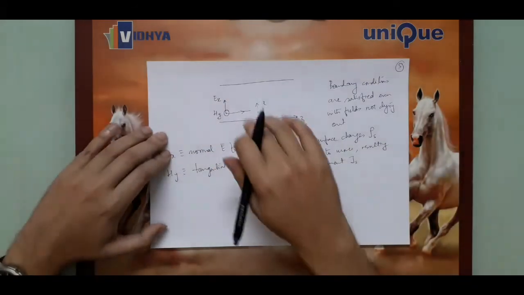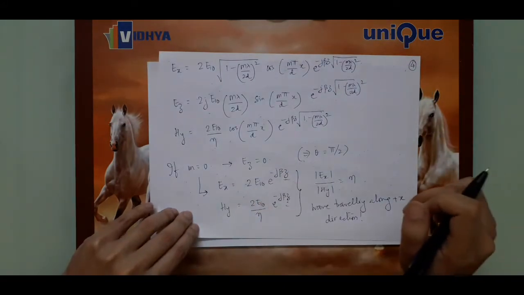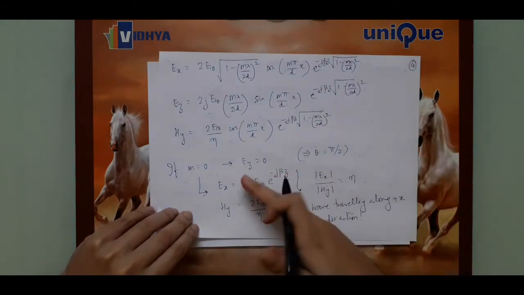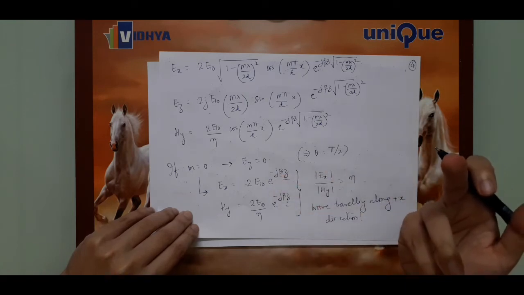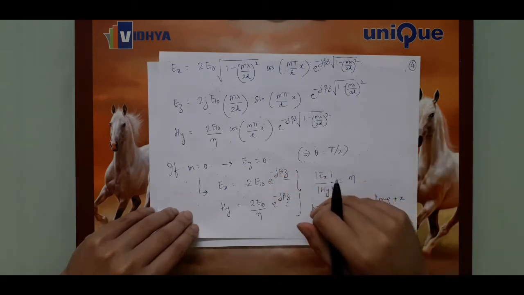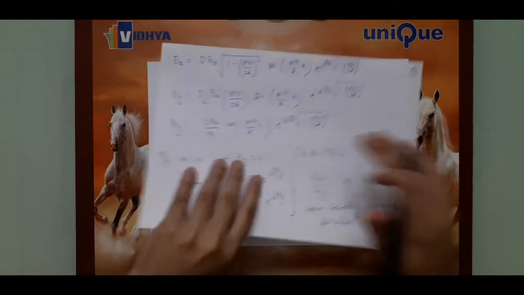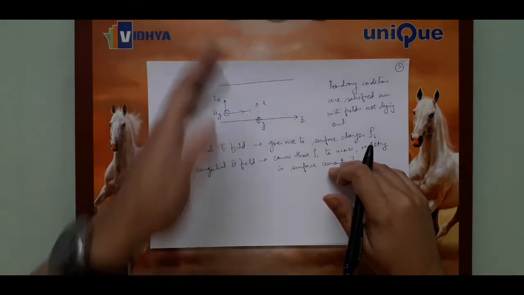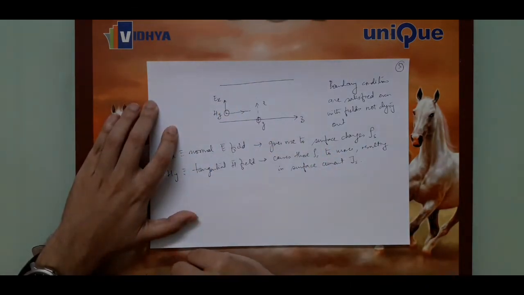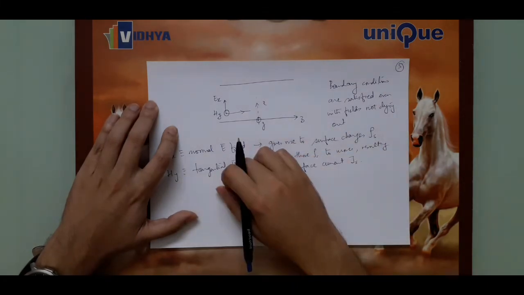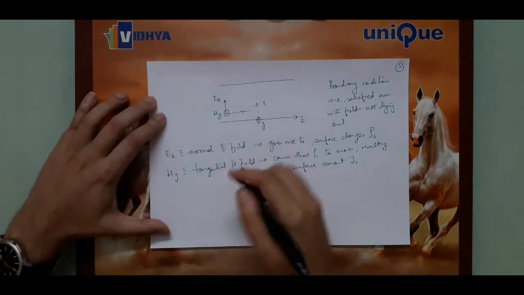If you look at the expressions for the E and H fields, there is absolutely no way where the d of the conductors, or for that matter any other component like theta, is playing a role. So this is almost identical to the case as if the wave is traveling in an unbounded medium. So this is a very, very important result.